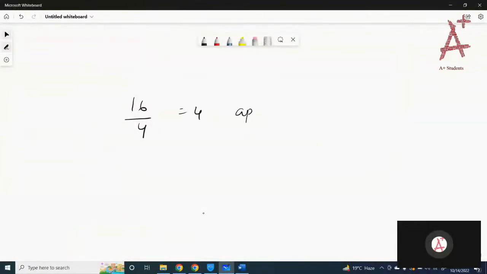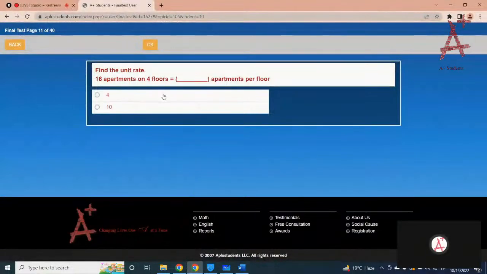That means 4 apartments per floor. Got it? So select the correct option and click on the OK button.